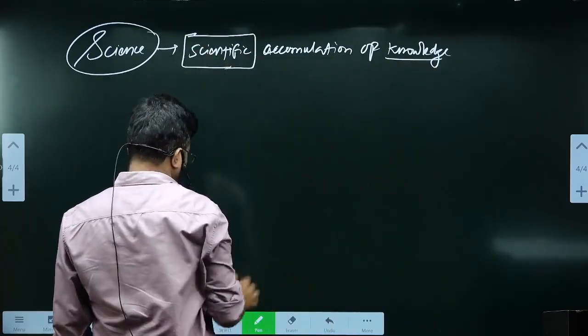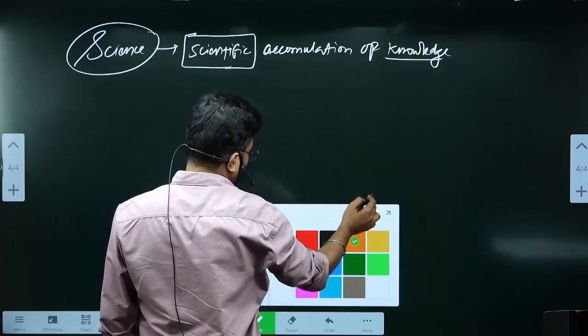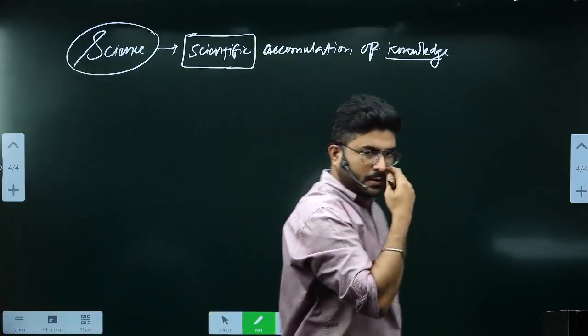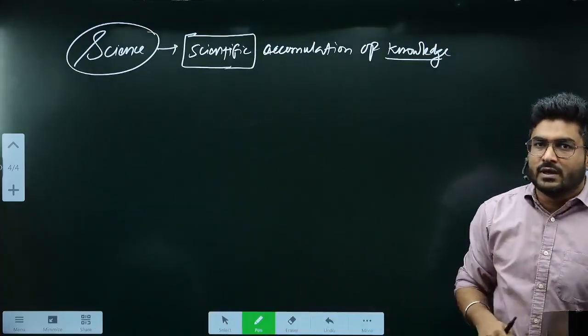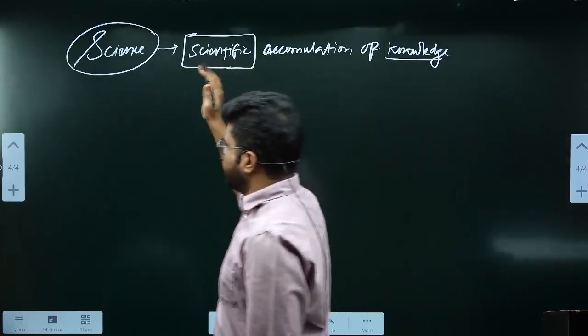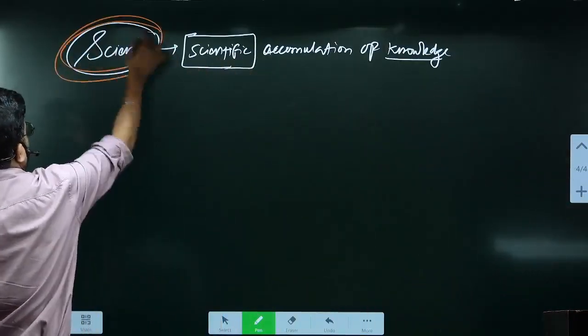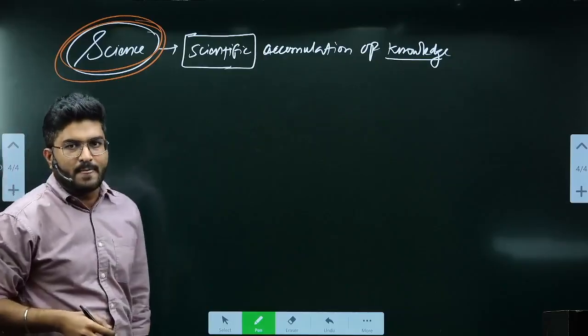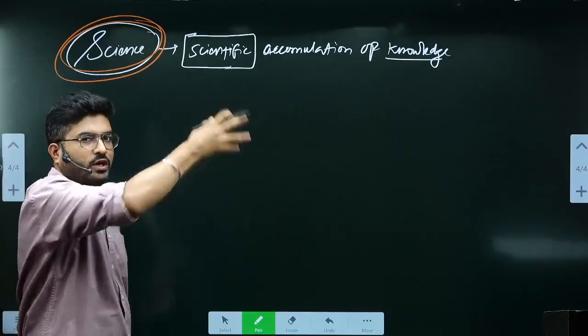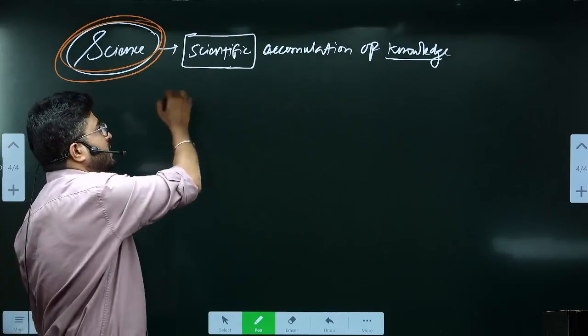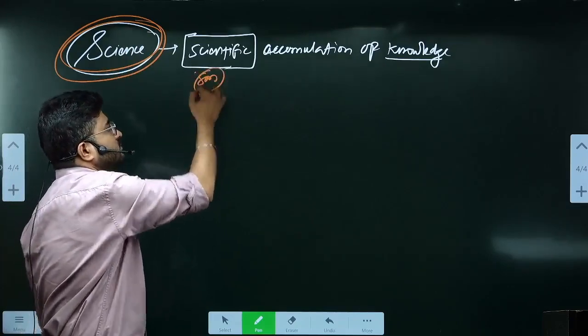Why have we used the word scientific here? Because if there is one discipline which is called science, the mother discipline, there must be some methodology to it, and that methodology is nothing but scientific methodology.